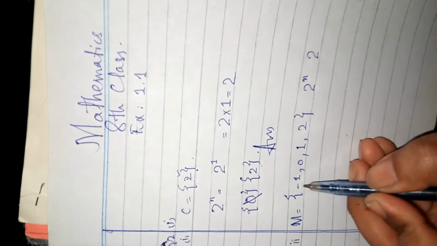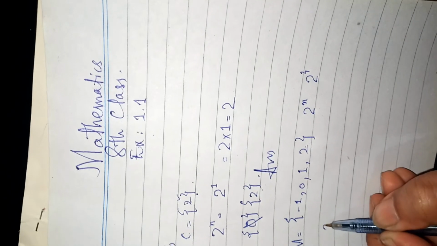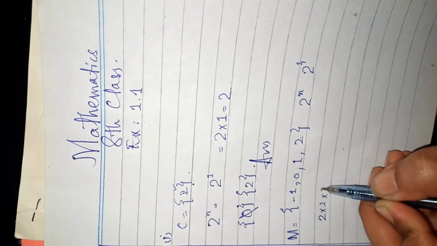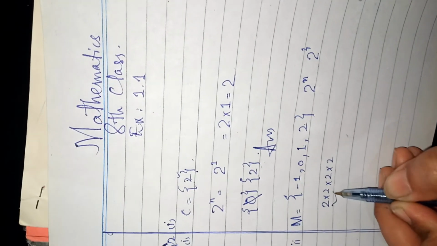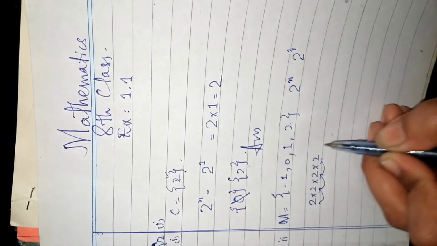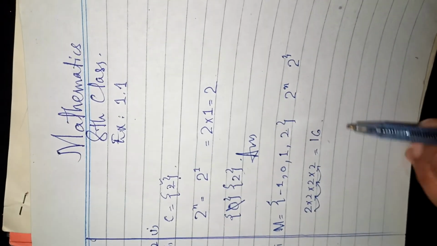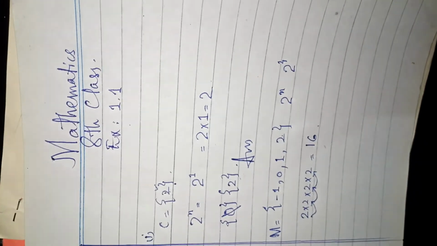So 2 to the power 4: 2 multiplied by 2 multiplied by 2 multiplied by 2, 2 twos are 4, 4 twos are 8, 8 twos are 16. It means the possible subsets are 16.